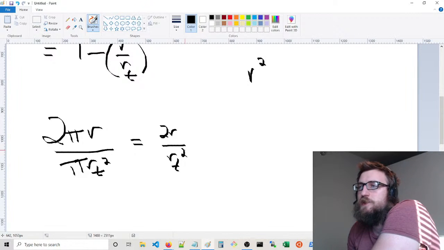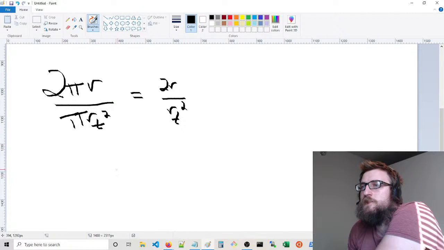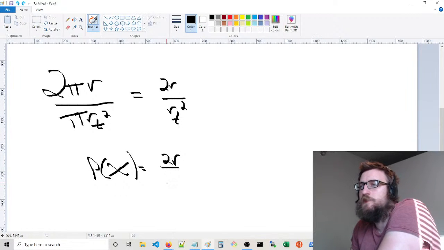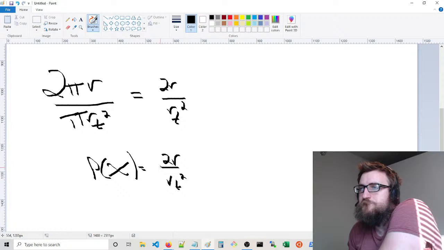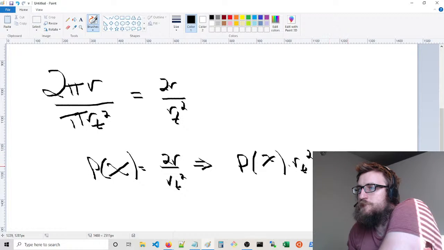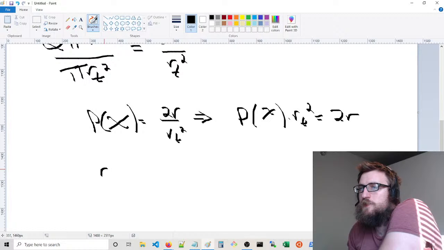I think let's say if x has some p of x equals 2r over rt squared. I think that means that p of x times rt squared equals 2r. R is half of p of x times rt squared.